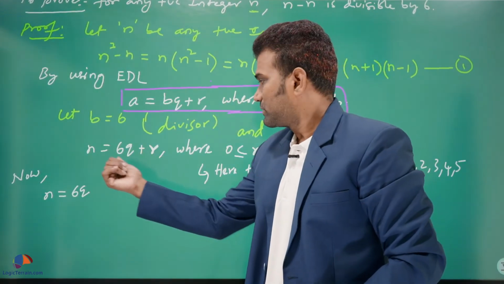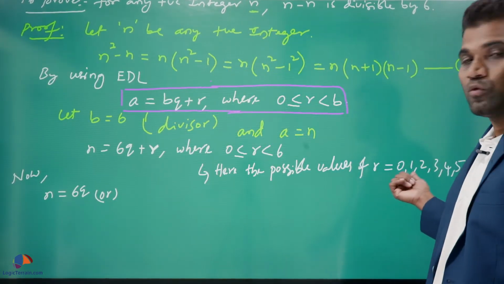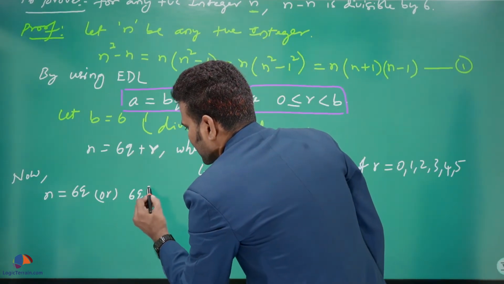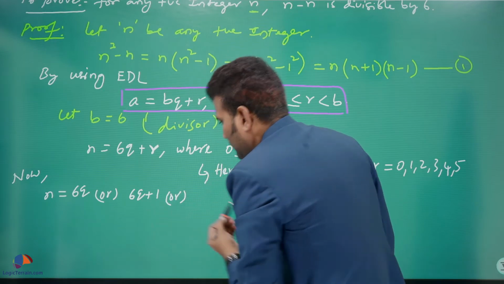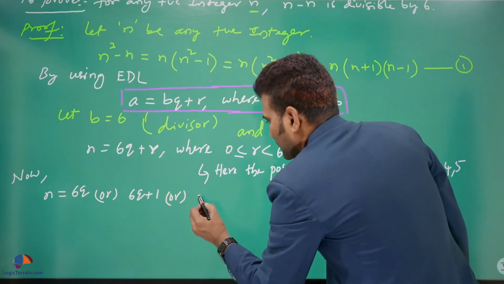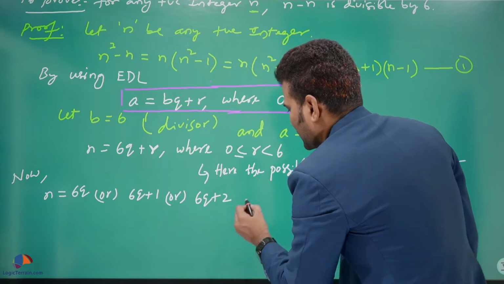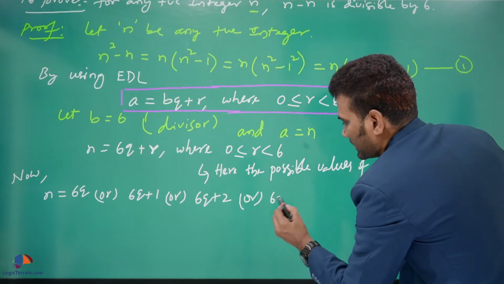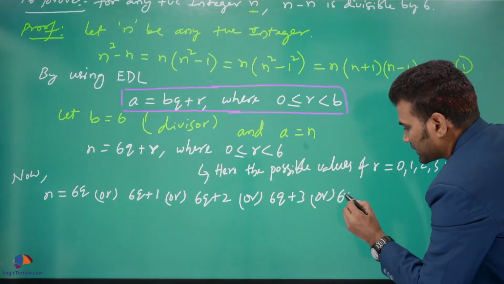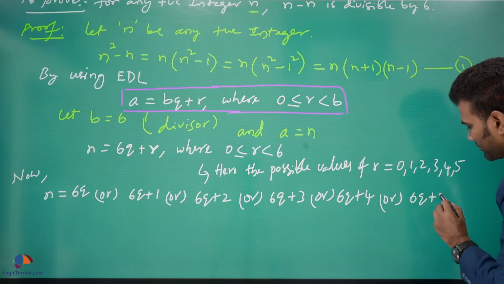So if r is 0, n is 6q; if r equals 1, this becomes 6q plus 1; if r equals 2, this becomes 6q plus 2; if r equals 3, this becomes 6q plus 3; if r equals 4, this becomes 6q plus 4; if r equals 5, this becomes 6q plus 5.